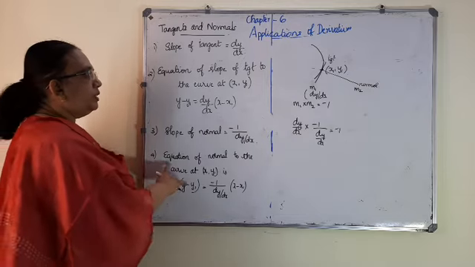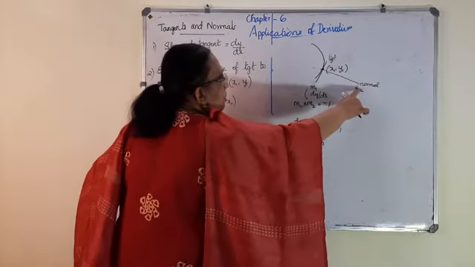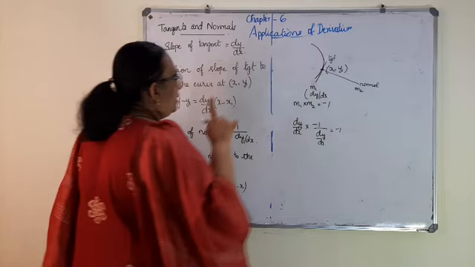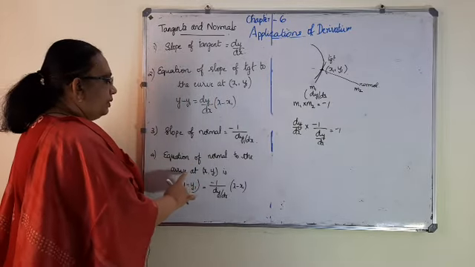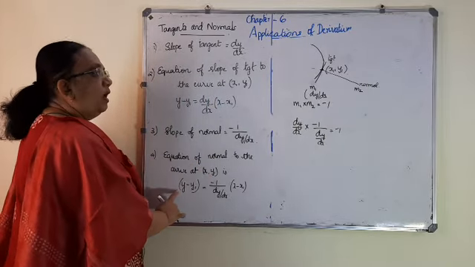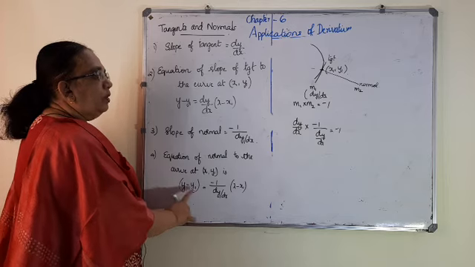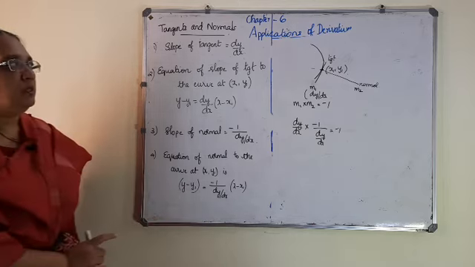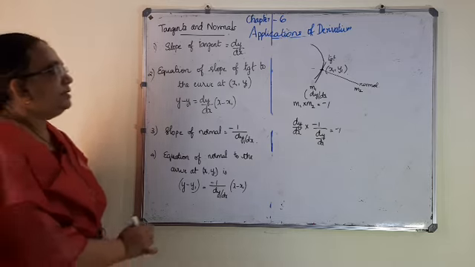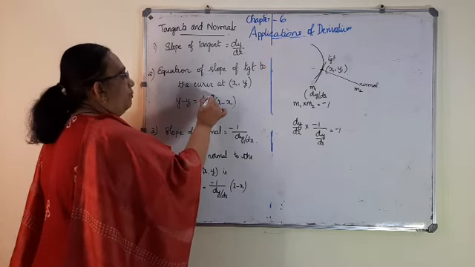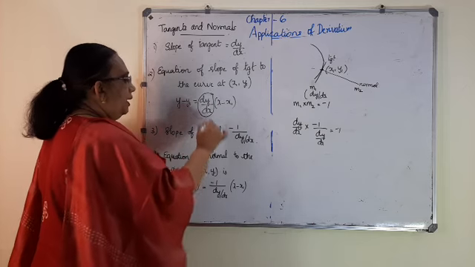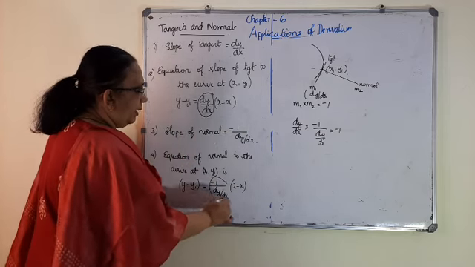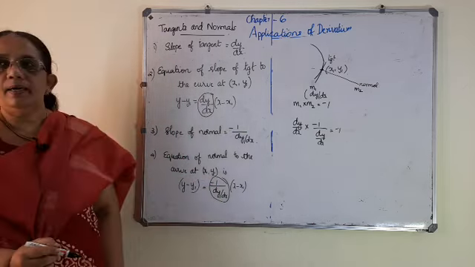And equation of the normal. Normal is also a straight line. Normal to the curve at the point x1 y1 is y minus y1 is equal to minus 1 by dy by dx into x minus x1. So here the important point is that in both the cases you have to find out dy by dx. Dy by dx is a derivative.